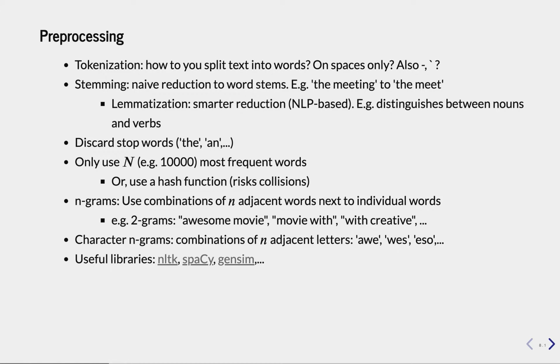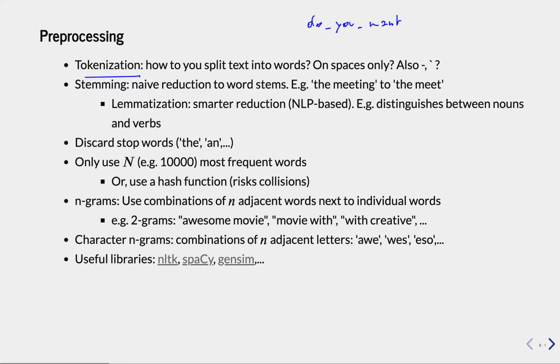Now we can do a lot of preprocessing to get to our array of ones and zeros or other numerical representations. The first thing we need to do is tokenization, which means we take a string and we convert it into individual words. Now you can decide, if you have a string like "do you want ants," we can decide to just split on spaces.